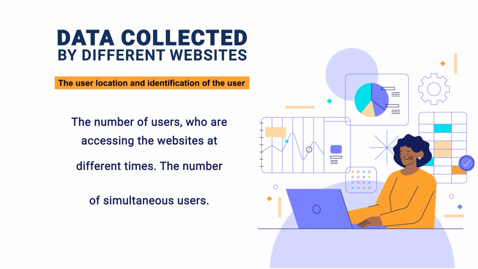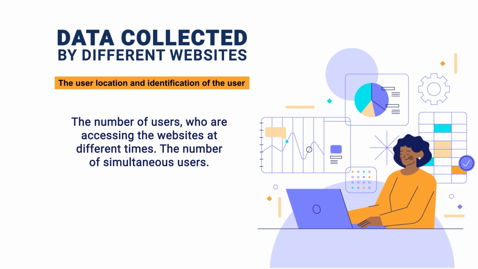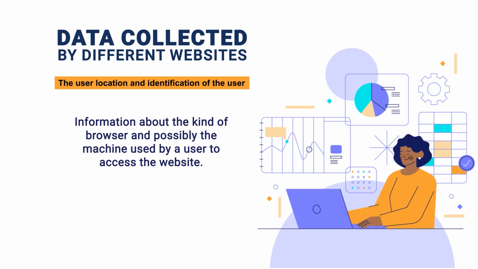So this is how the data is collected from web analytics. It also includes the number of users accessing the website at different times, the number of simultaneous users, and information about the kind of browser and possibly the machine used by a user to access the website.